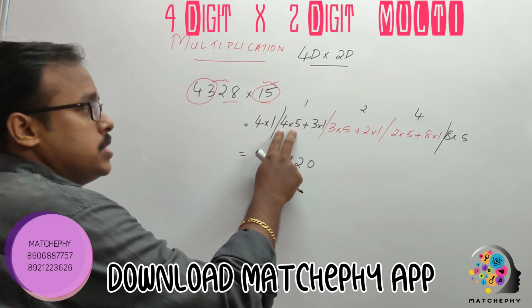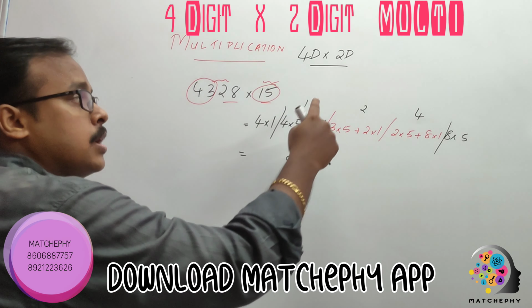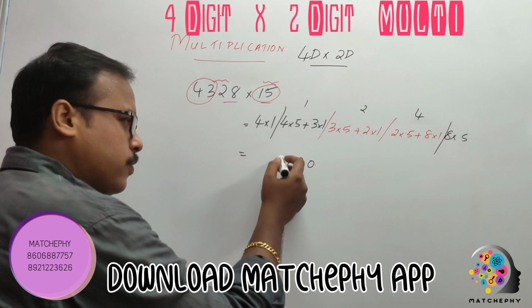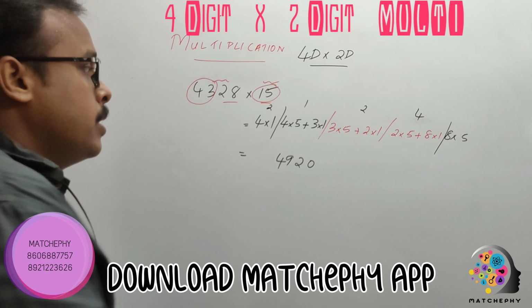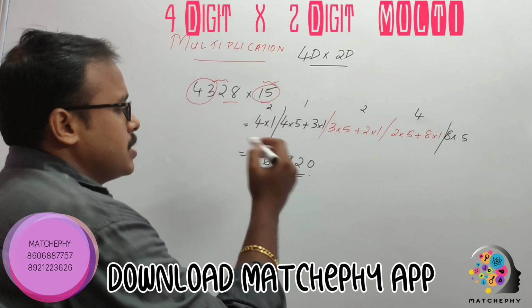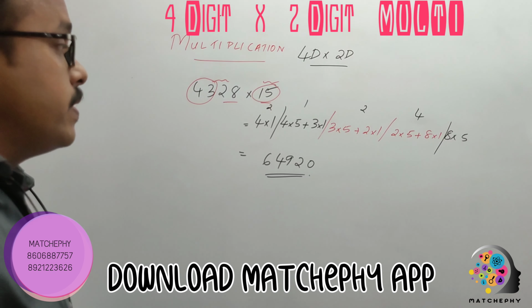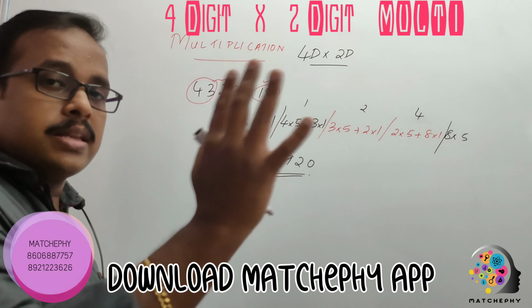Again 4 into 5 is 20, 3 into 1 is 3, so 20 plus 3 is 23, and the carryover 1 makes 24. 2 is a carryover. And the last thing, 4 into 1 is 4, 4 plus 2 is 6. So the answer is 64,920.